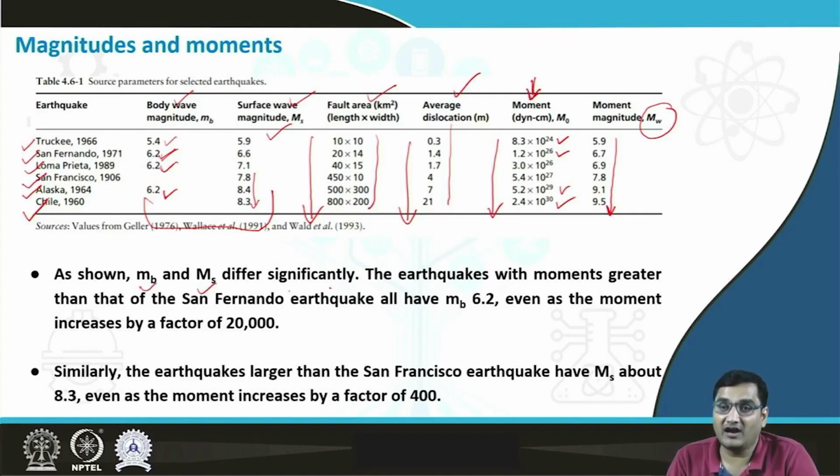That is quite a large value, but the value of MB is still 6.2. That is happening because of magnitude saturation. Similarly, earthquakes larger than the San Francisco earthquake have MS, the surface wave magnitude, of about 8.3, even as the moment increases by a factor of 400. So this clearly depicts the problem we have in terms of magnitude saturation.